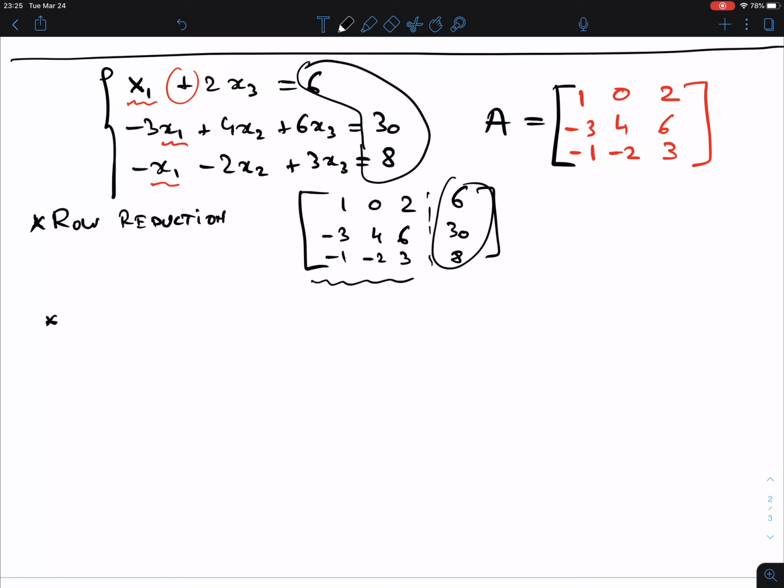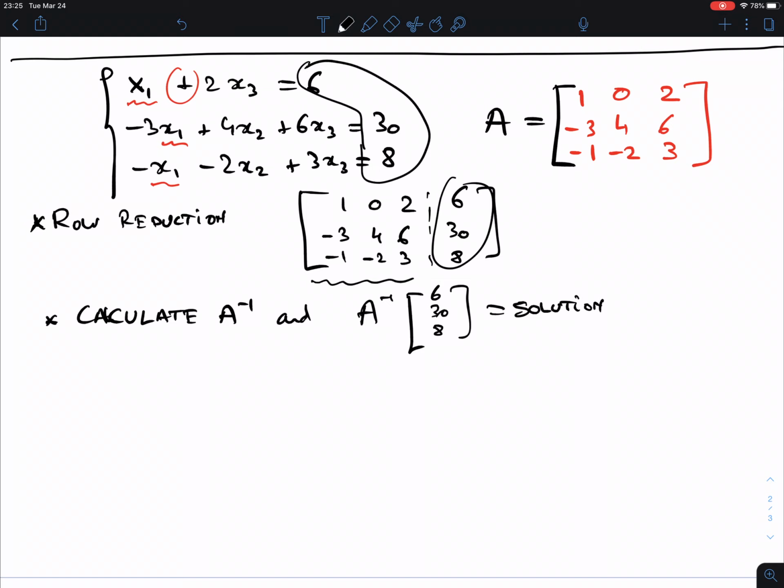The other method was to calculate A minus 1. Of course, this can only be done if A is invertible, otherwise it doesn't work. Then you multiply A minus 1 with this column, 6, 30, 8. And that's then the solution. Go back to see that this is what we did then.